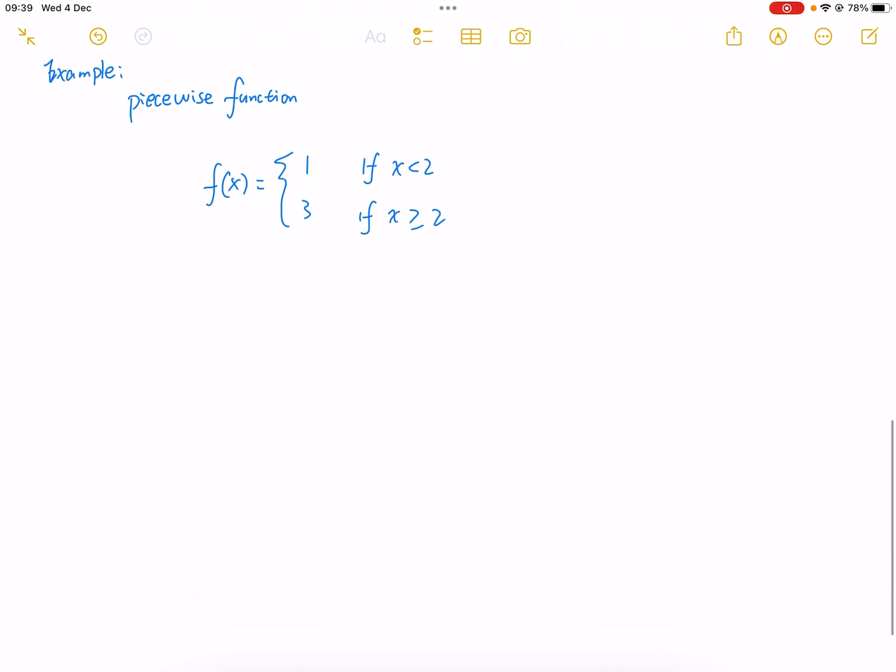So the graph will look like this. We have x equals 2.